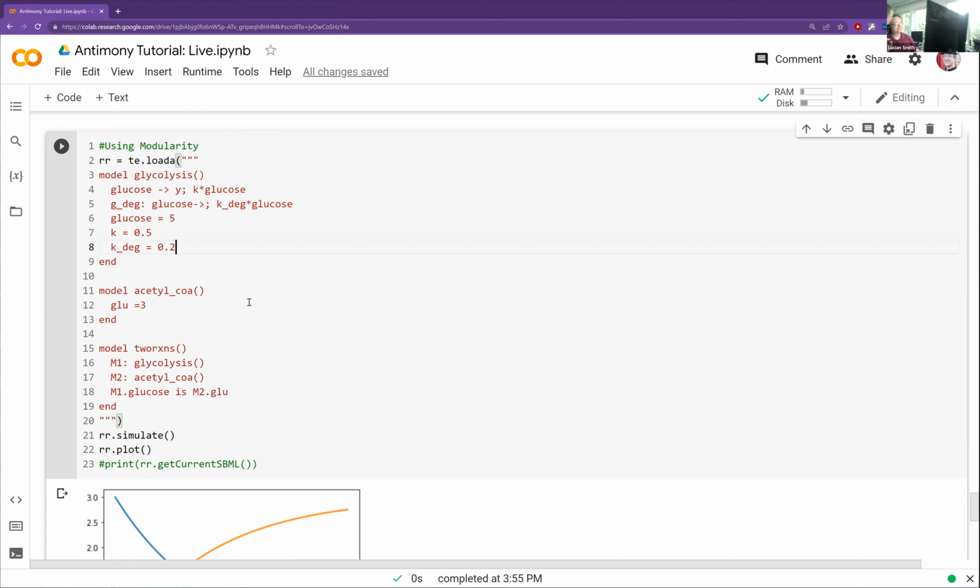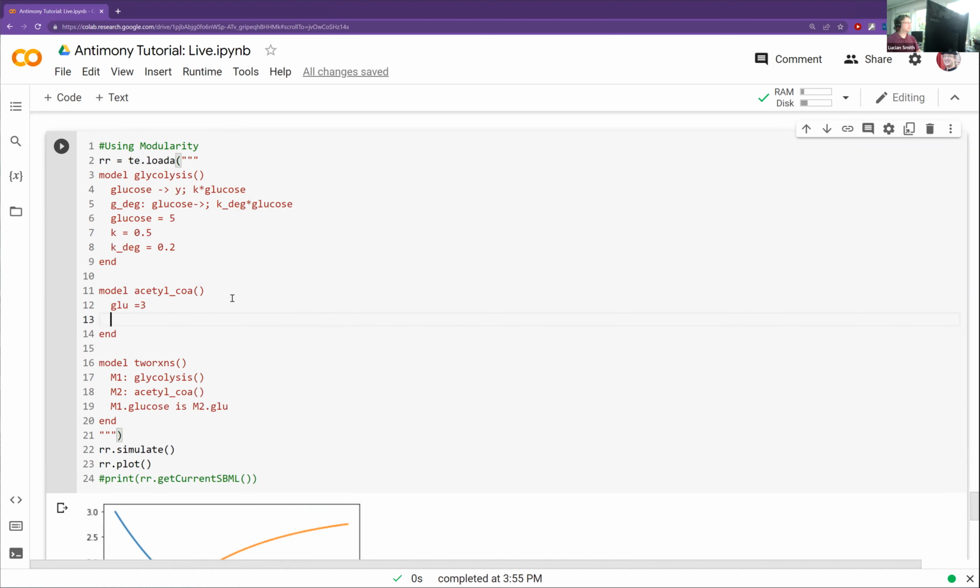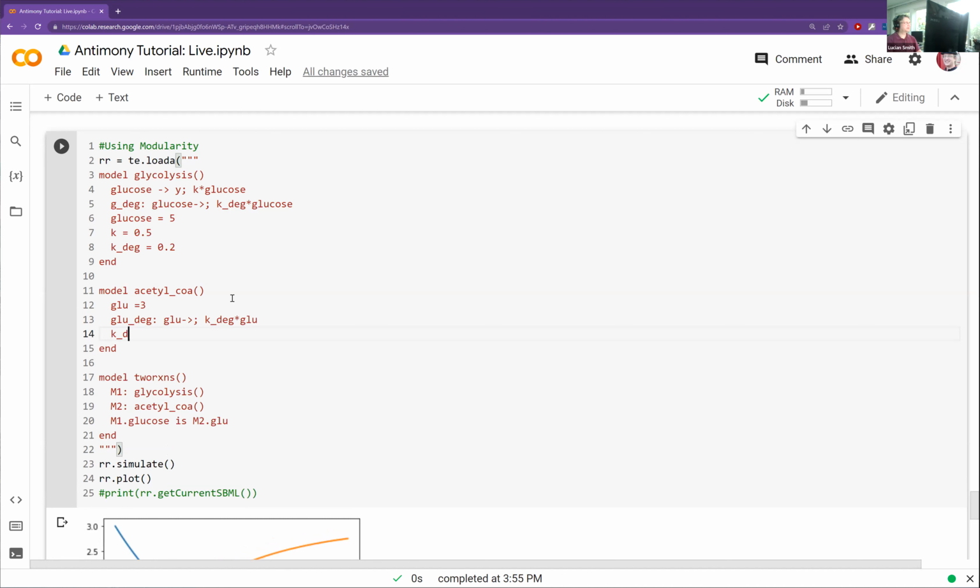And we'll give the same thing here also: degradation at K degradation times glucose, K degradation equals 0.2 here.